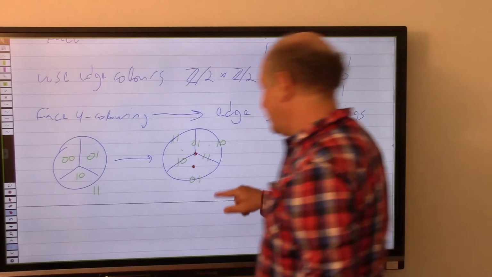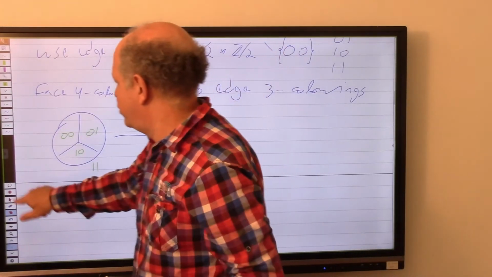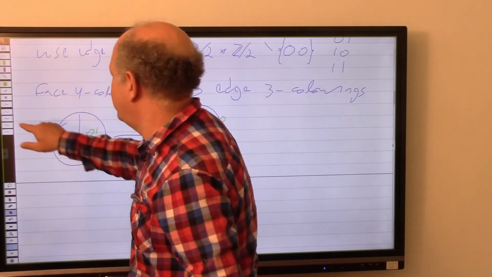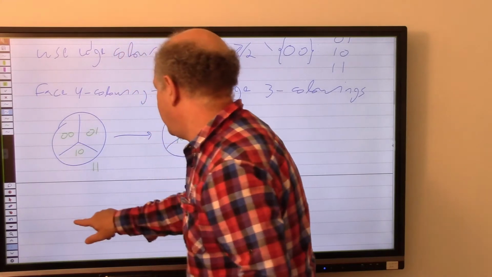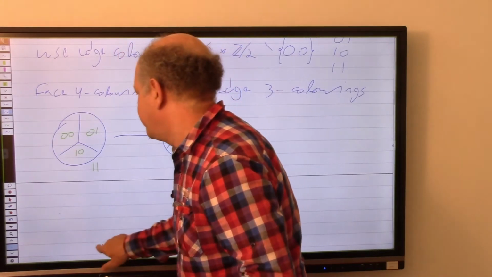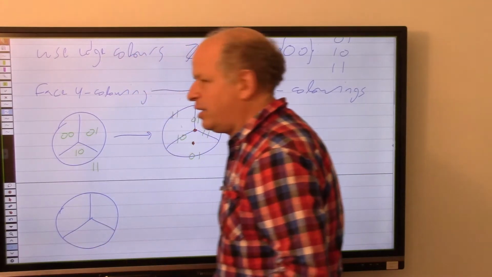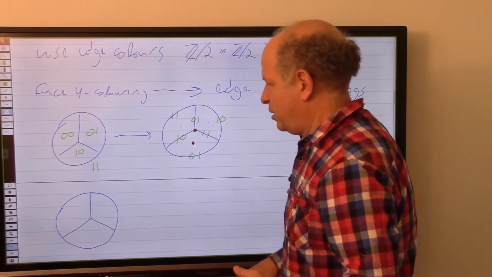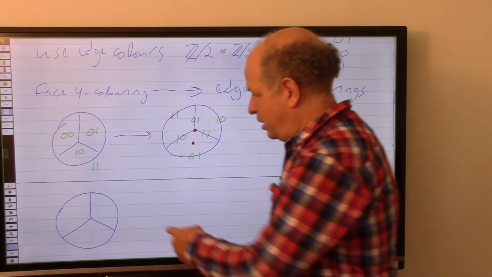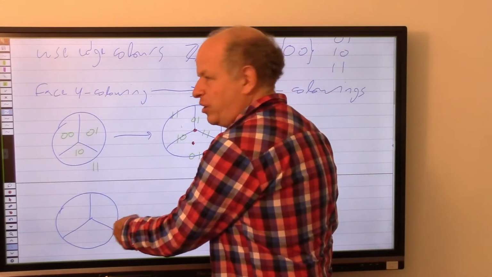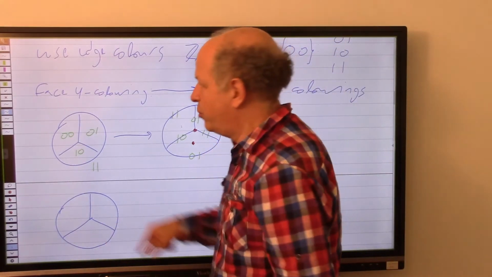Okay? But I still have a rough inverse map. So what is the inverse map? So suppose you have a diagram with an edge 3 coloring.